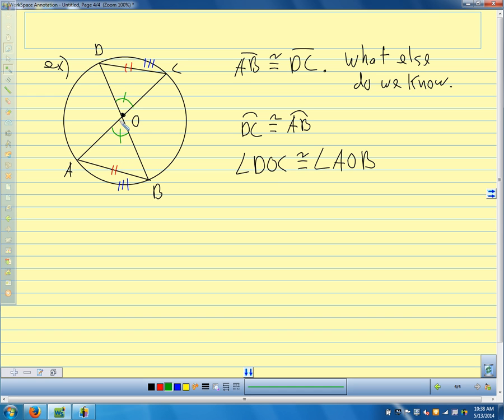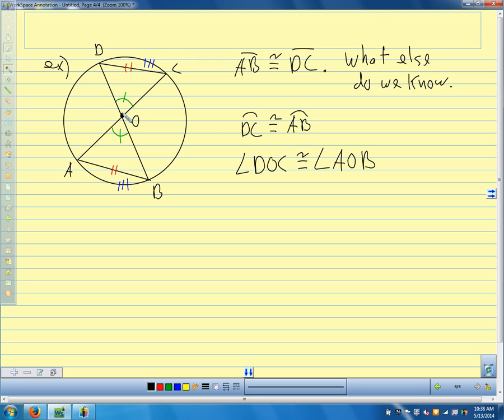So we knew the chords are congruent, so now we've been able to figure out that all these different things are congruent. One other thing in our circle that we can figure out that's congruent: this is the center of the circle. All these radii are congruent.